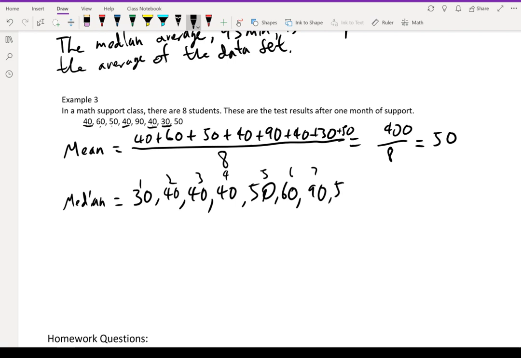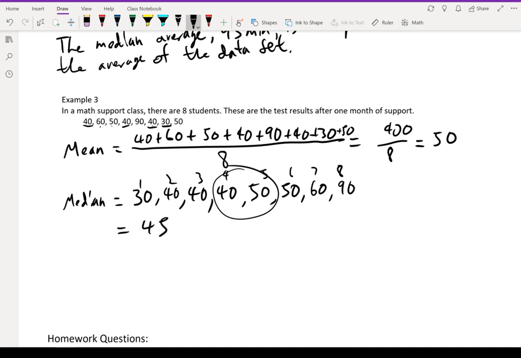So the sorted data is 30, 40, 40, 40, 50, 50, 60 and 90. Let's look at the median. The two middle numbers are 40 and 50, the 4th and 5th, and that's going to be 45.